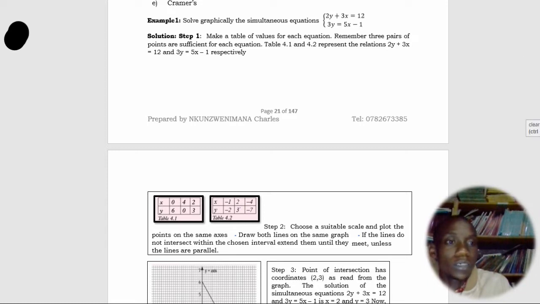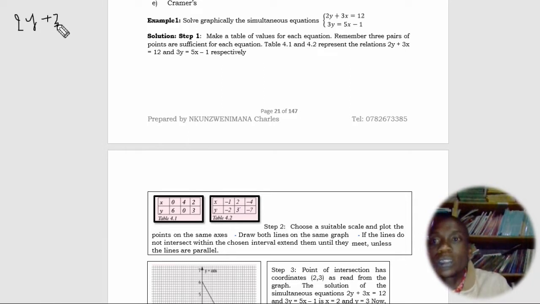If x equals 0, for example, in the first question, 2y plus 3x equals 12.